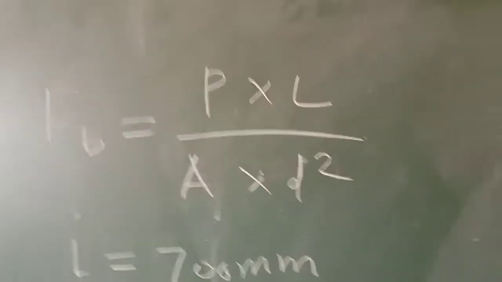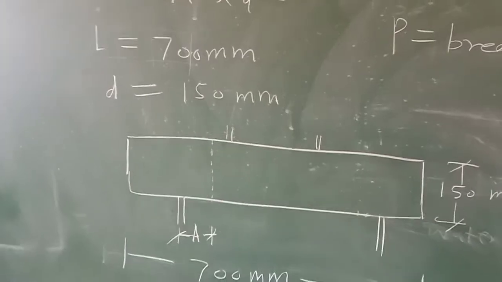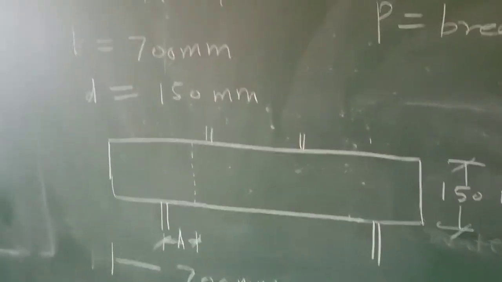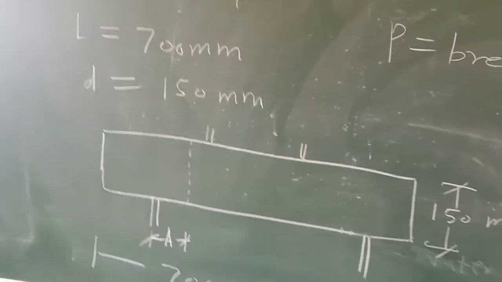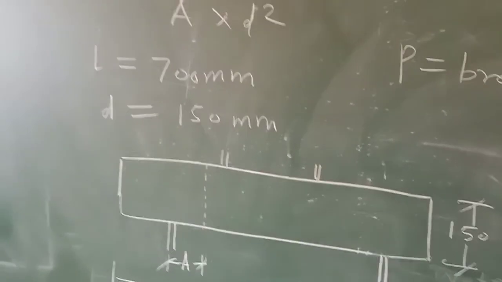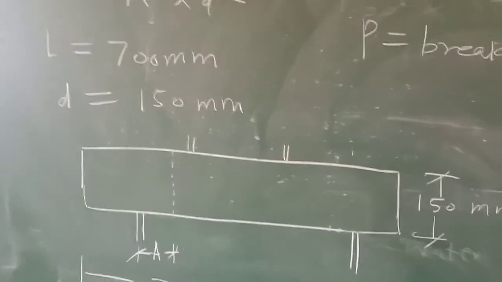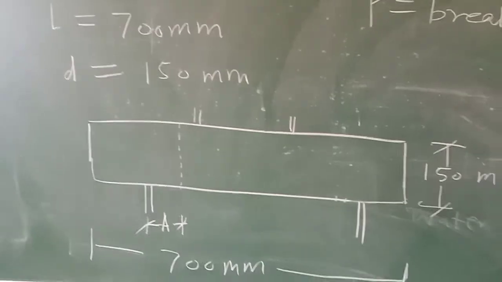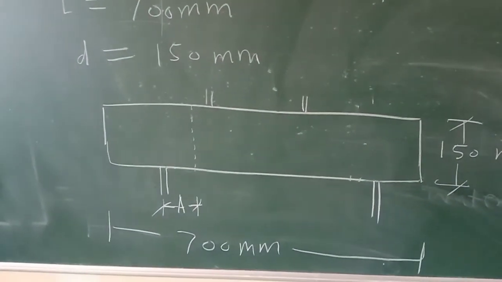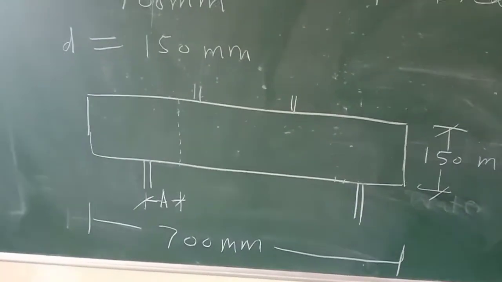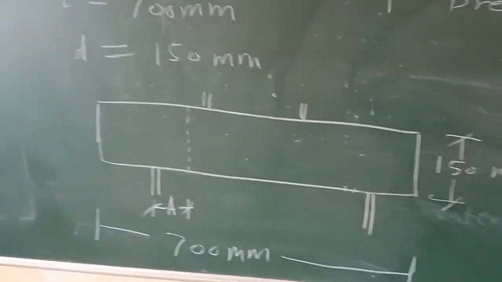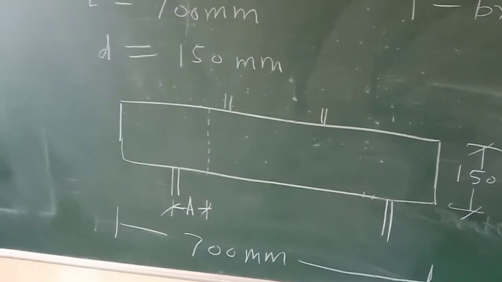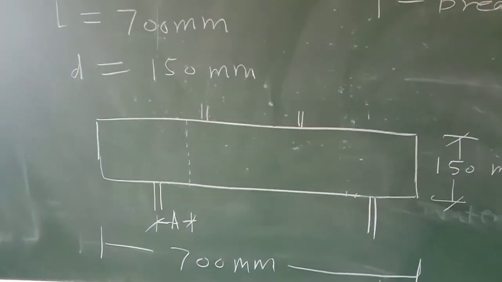FB is equal to P into L divided by A into D square, where P is the breaking load. This beam we are going to test under the UTM machine, where we may take the test under center point loading or two or three point loading. After applying the load, we will get a fracture on the beam at any point.